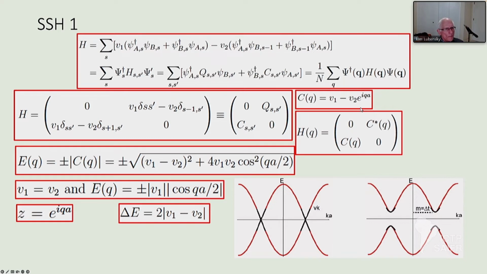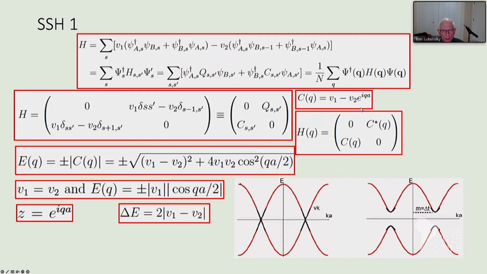The energy is just the magnitude of C of Q, which is the square root of V1 minus V2 squared plus 4 V1 V2 cos squared QA over 2. So you can see that if we choose V1 equal to V2, which means that we don't distinguish between the right and left hoppings, we get the square root of V1 squared times 4 times cos squared. So the energy is plus or minus 2 V1 times cosine of QA over 2, and this is equal to 0 when QA is equal to pi, because cos pi over 2 is 0.